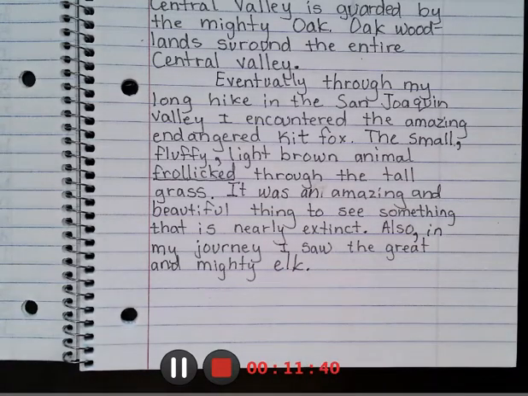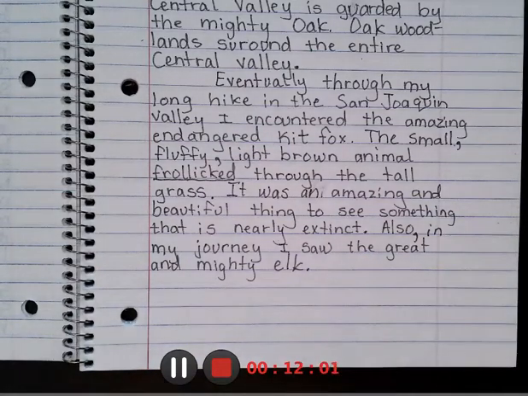Now, I'm going to use what is called a simile to describe how tall the elk was. So I am going to say that it was as tall as something that was really, really tall, as a towering mountain. How about that?